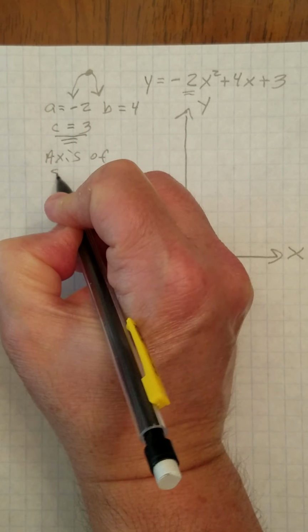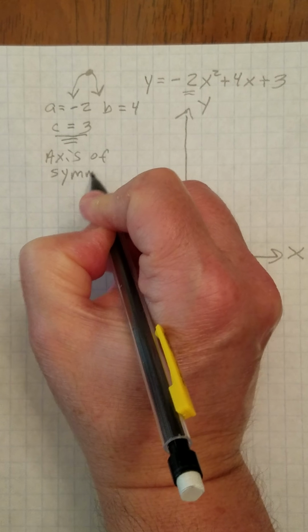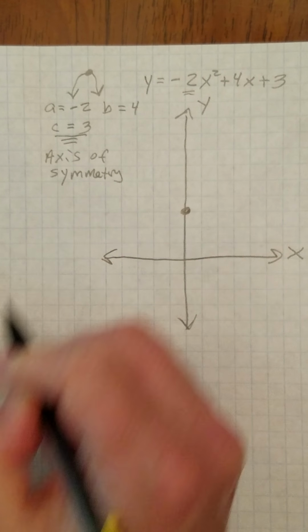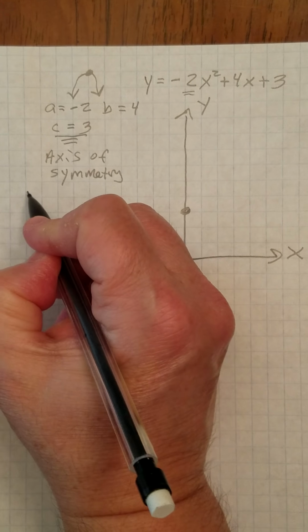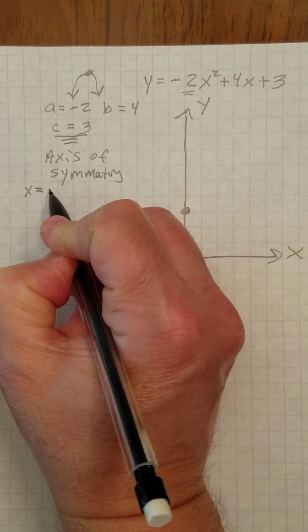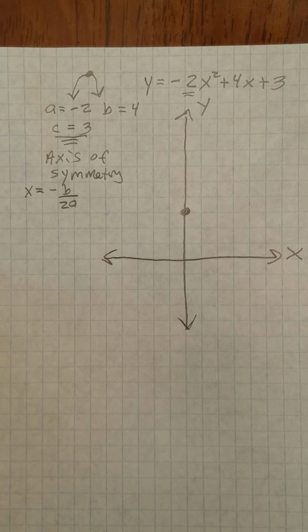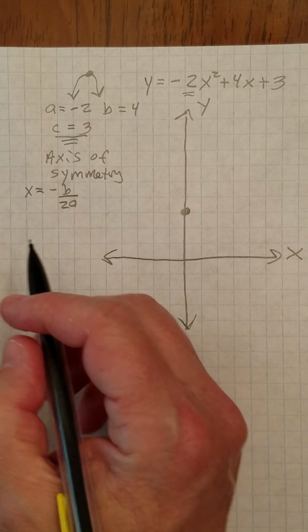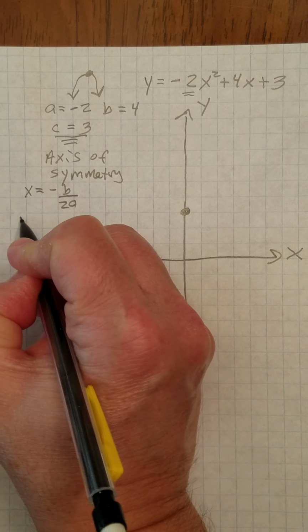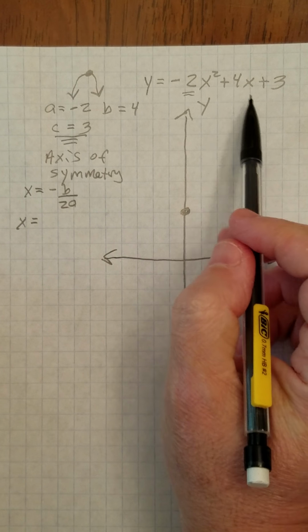All right, step 2, we're going to look for the axis of symmetry. Remember that formula is x equals the opposite of b all over 2a. And in this case, that's going to be opposite of b.